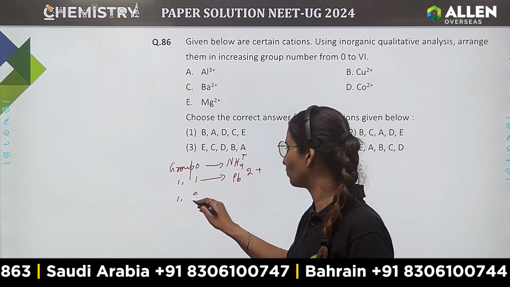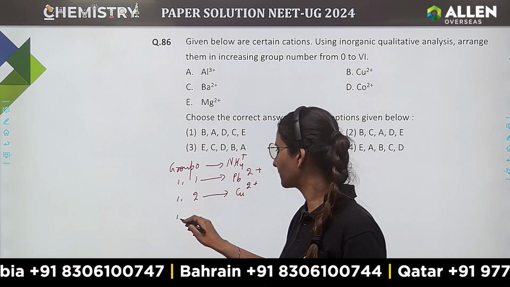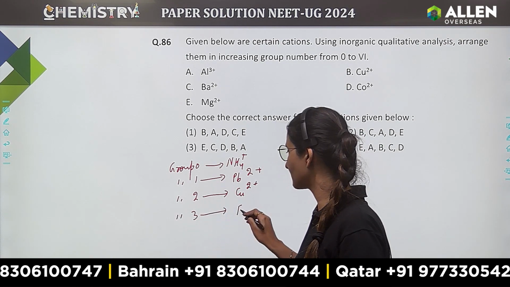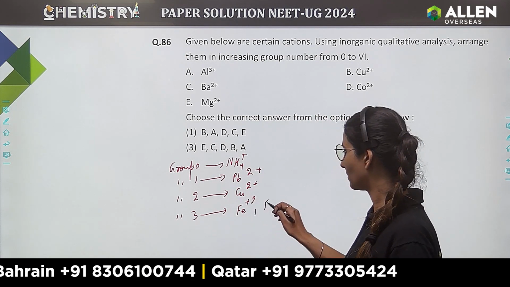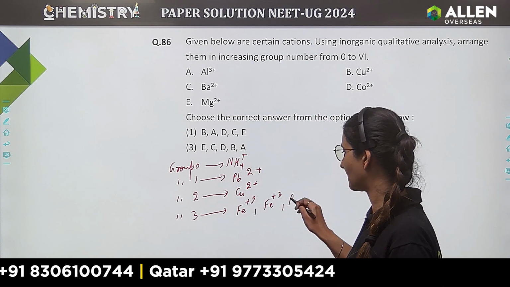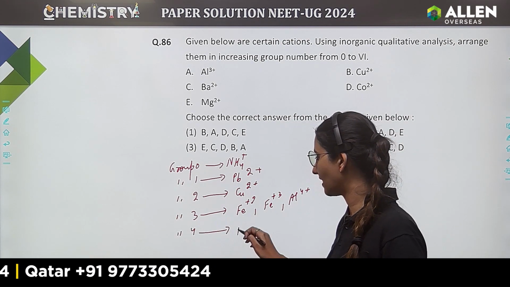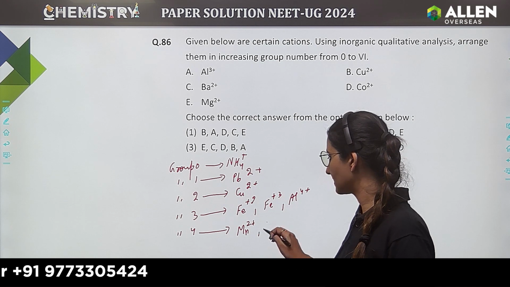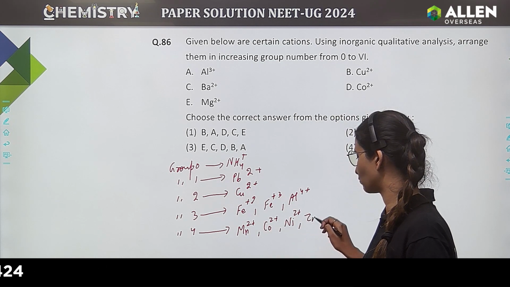Group 2 has the Cu plus 2 ion. Group 3 has Fe plus 2, Fe plus 3, and Al plus 3. Group 4 has these ions: Mn plus 2, Co plus 2, Ni plus 2, and Zn plus 2.